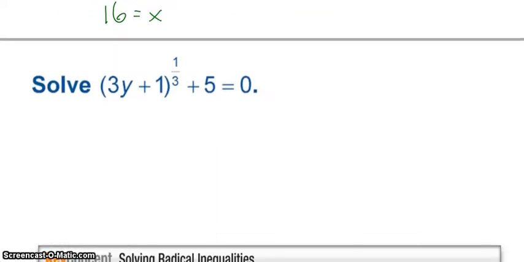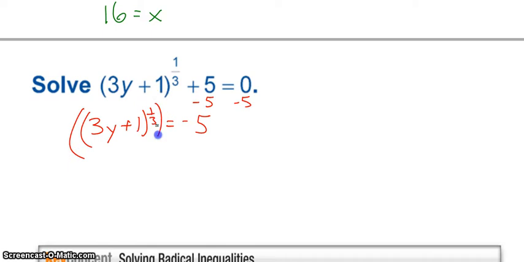Let's look at one where we're not looking at a square root. In this case we have a cubed root, or it's raised to the 1/3 power. So same idea. I want to isolate my radical. If you wish to rewrite that as a radical, that is fine. So since that is a cubed root, I'm going to cube both sides to undo my cube root.